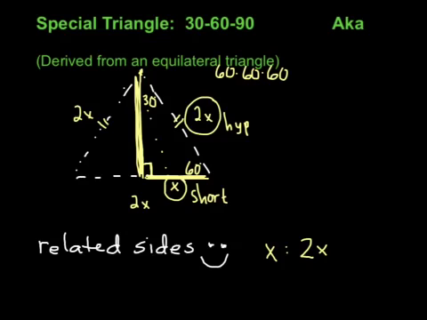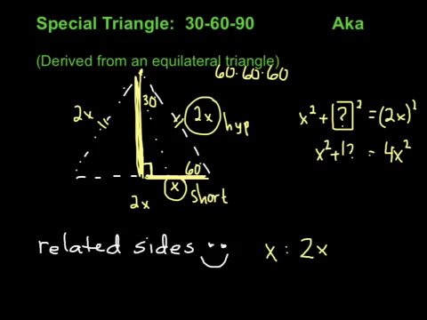And finding that third side, I'm going to use Pythagorean's theorem with these arbitrary values. So x squared plus question mark squared equals 2x squared. Careful there, 2x times itself is 4x squared. And now I'm solving for that third unknown side so that I can figure out how it's related to all the other sides.